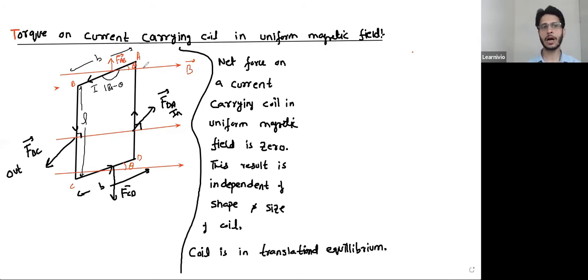So you have to check which pair, FAB and FCD or FBC and FDA, can rotate this coil. Can FAB and FCD rotate this coil? FAB is acting upwards and FCD is acting downwards. Can these two forces rotate this coil?